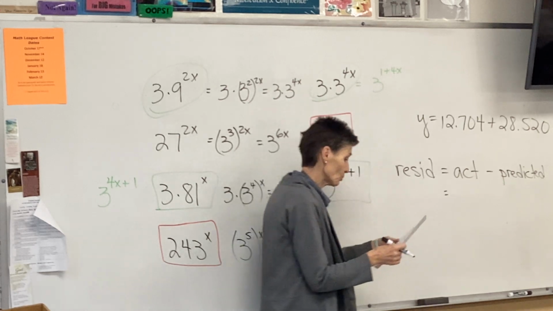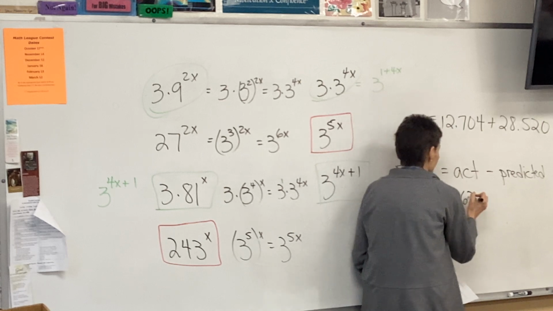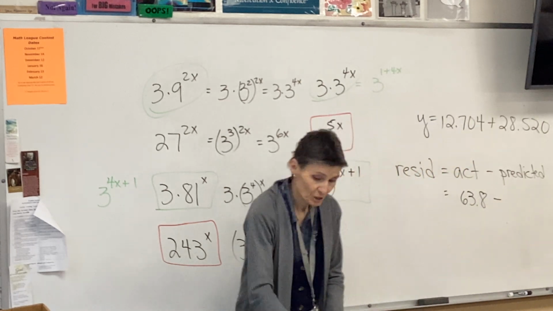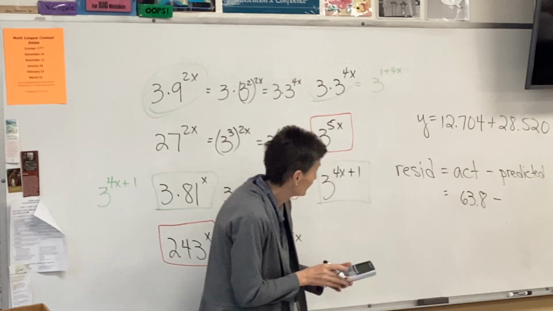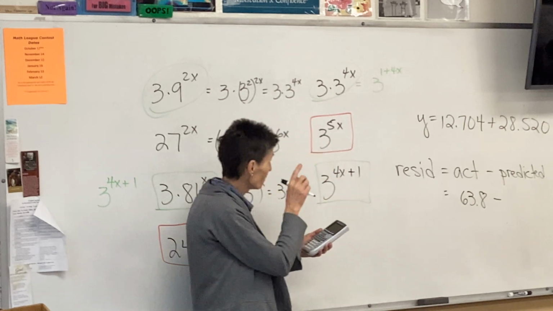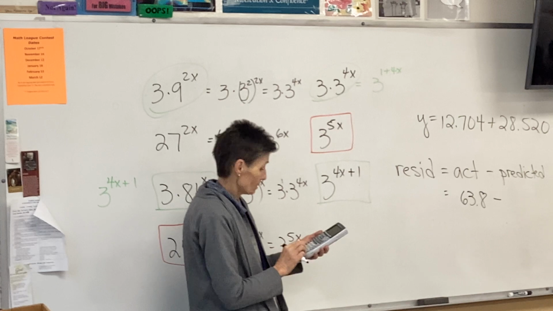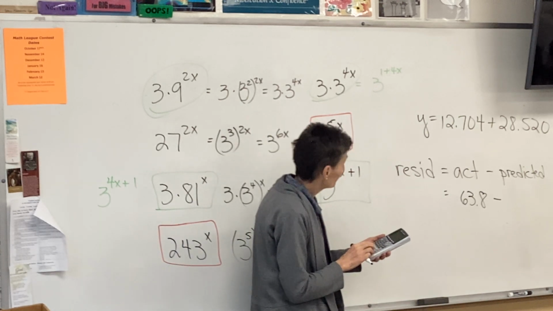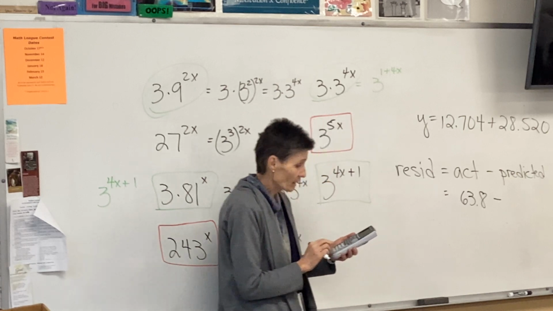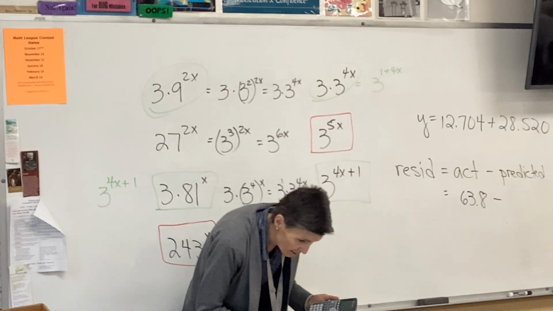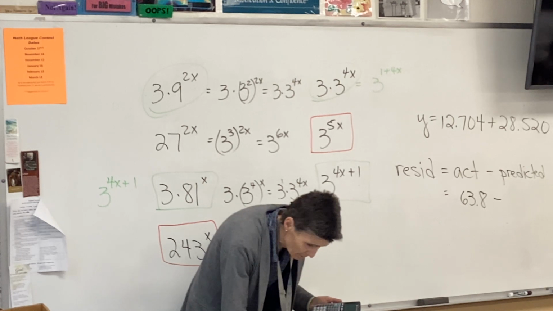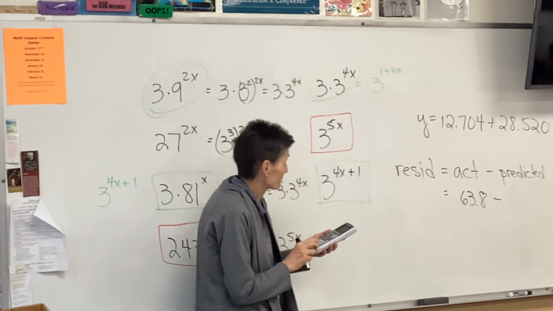So if we go to our chart, we're finding the residual for 2000. So the actual percentage is 63.8. And then the predicted would come from our model. And what's my X? My X is in years, starting with 1, 2, 3, 4, 5, 76.